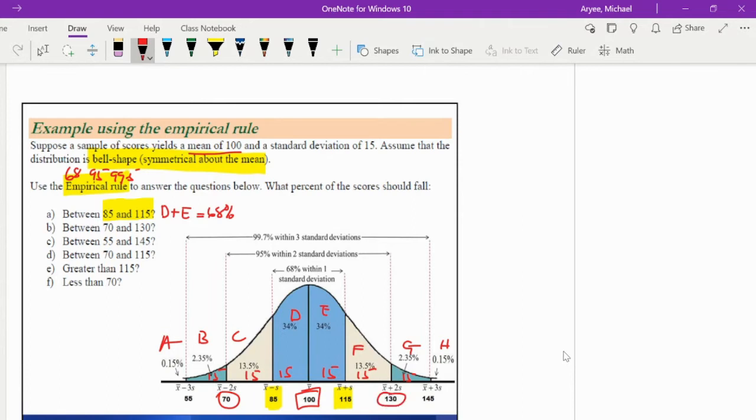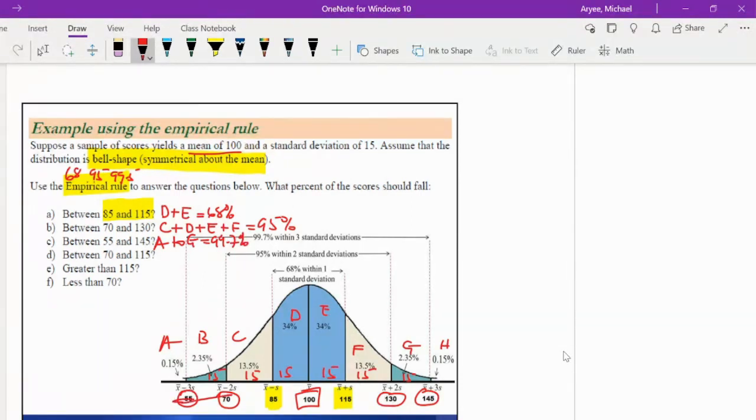So you are adding C plus D plus E plus F, and that will be 95%. The third one says from 55 to 145. So you are adding from A to G, that gives you 99.7%.